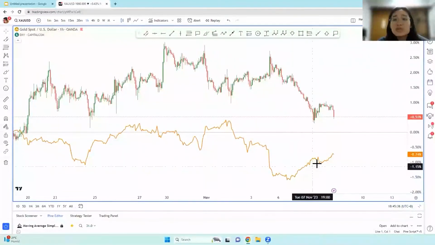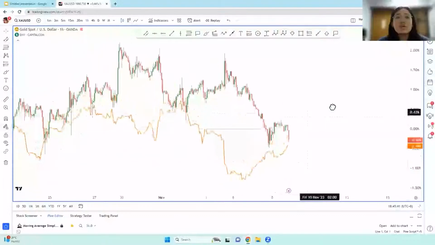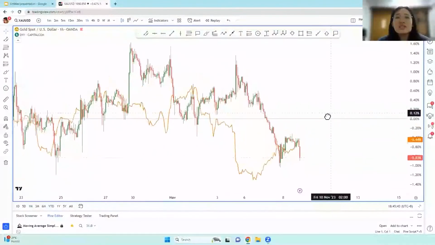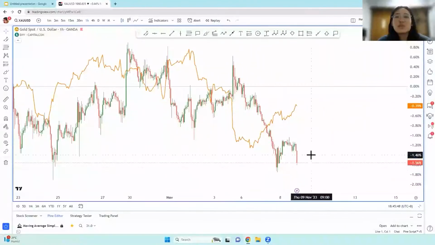We see prices increasing on our DXY, so we can expect the opposite on our gold. I'm not sure why it's bugging out on me right now. You can see gold is moving downwards, whereas DXY is moving upwards.